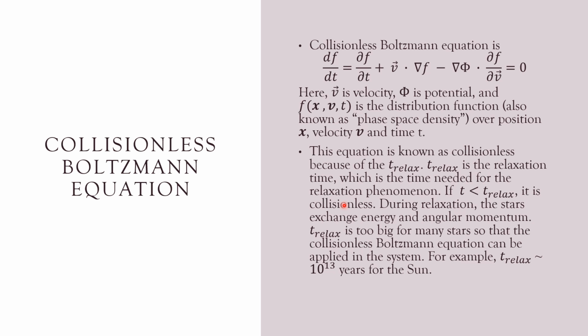Now, why do we need a distribution function to describe this system? We could have tracked a single star and put it into the equation and found the statistical properties. Imagine dealing with a system comprising billions upon billions of stars, each with its position and velocity.